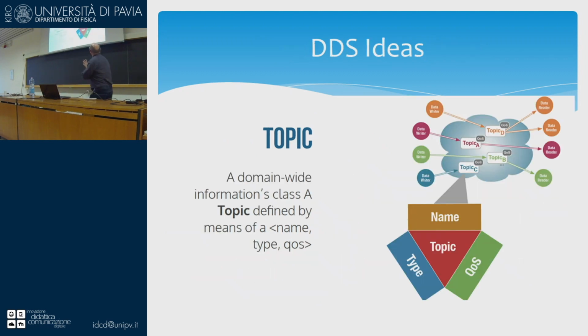Then the most important thing is the topic. So readers and writers subscribe to topics and receive information from topics in this kind of virtualized data space. And then the topic has a name, a type, and a quality of service.